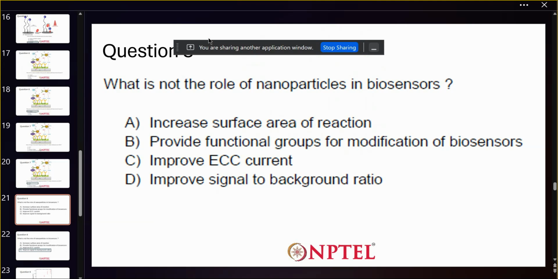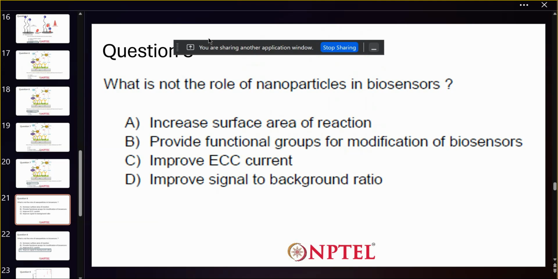Moving to improve the signal to background ratio. If you only have nanoparticles which are not taking part in any redox reaction, they will not enhance the signal to background ratio.